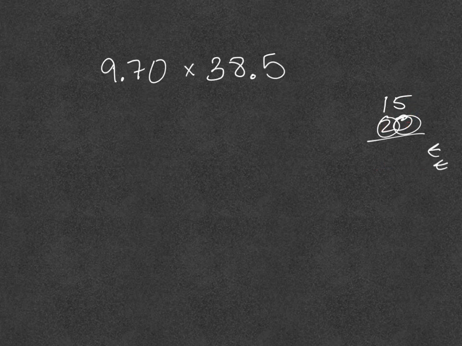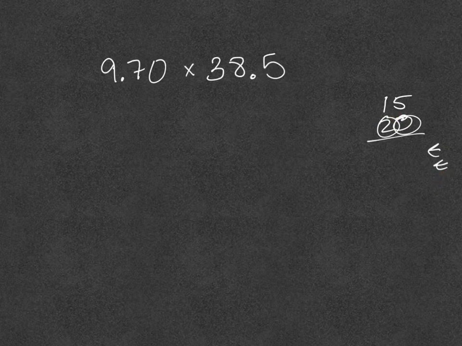So I'm looking for the number with the least amount of digits. In this case, they're the same. But if one had fewer digits, I'd put it on the bottom so that I have the least amount of rows.